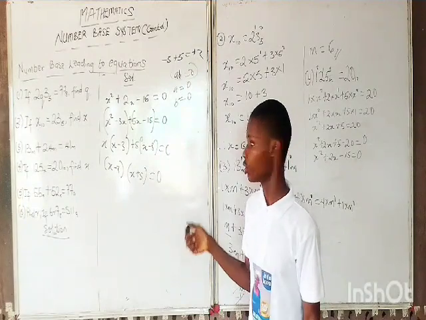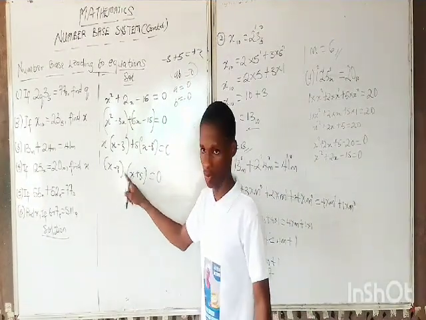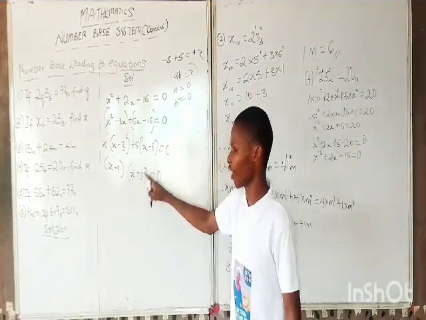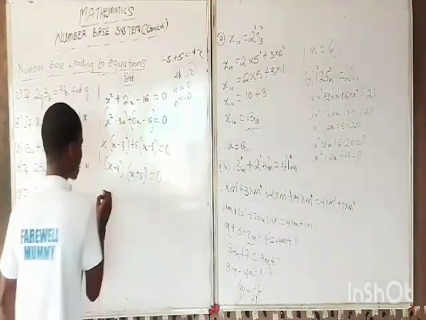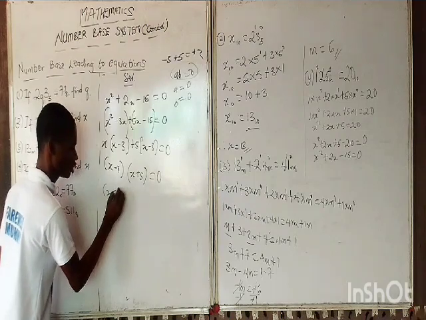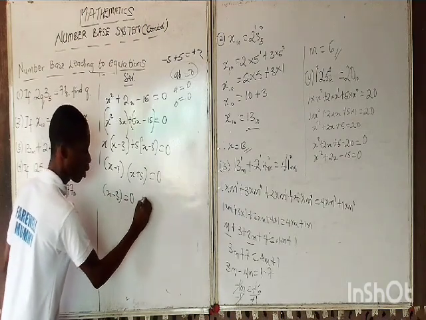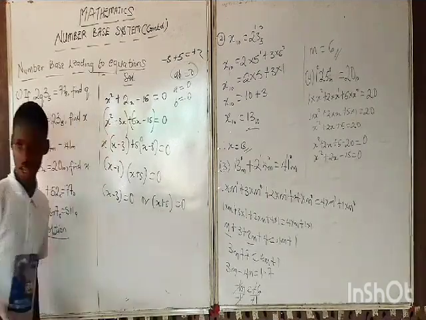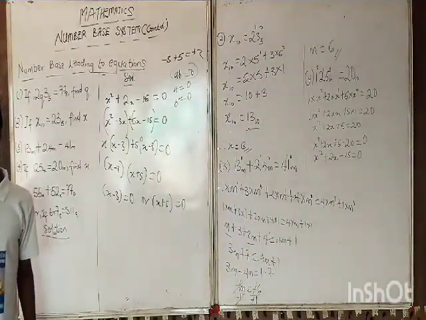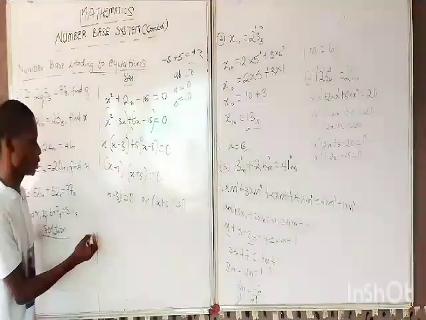True or false? True. So if I have s minus 3 times s plus 5 equal to 0, for this statement to be true, either s minus 3 is equal to 0 or s plus 5 is equal to 0. True or false? True.